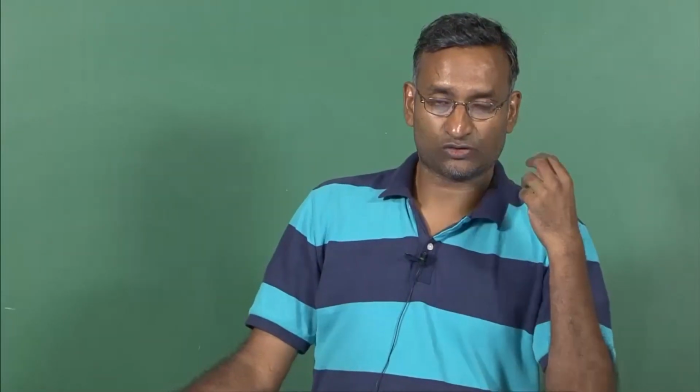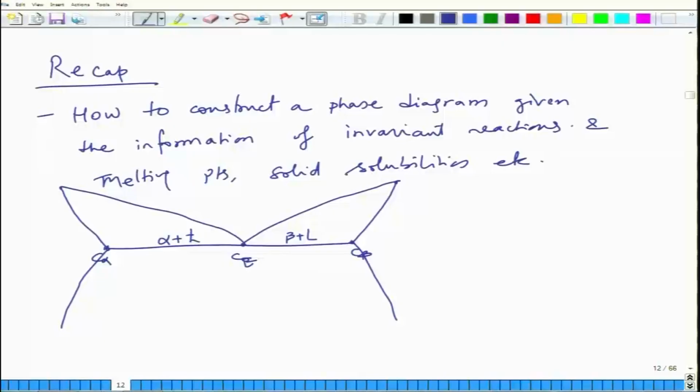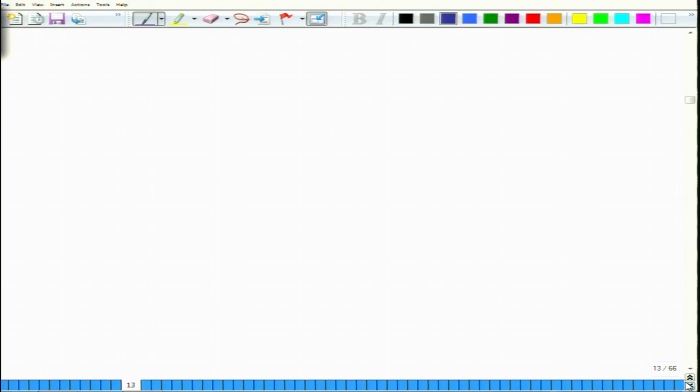So essentially the idea is to first identify the invariant reactions, mark the compositions, mark the temperatures, and then identify the phase fields, and then connect the boundaries. And while connecting the boundaries, make sure you do not violate the Gibbs phase rule and thermodynamic principles. So this is how you construct a phase diagram, as we saw in the last lecture.